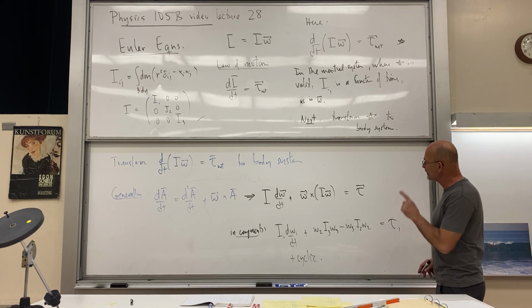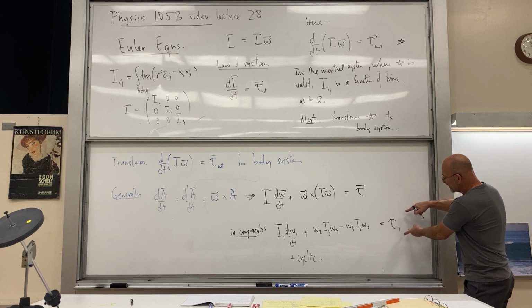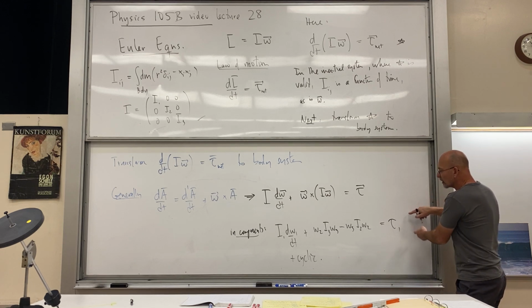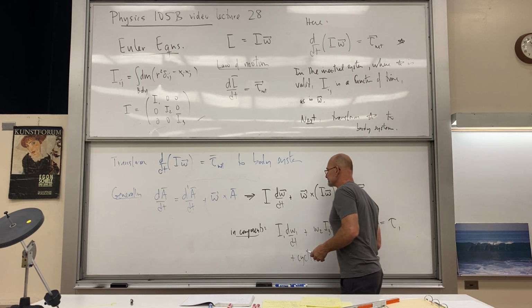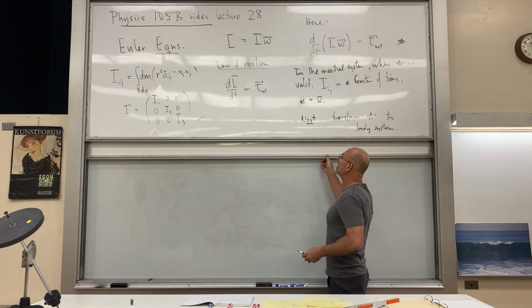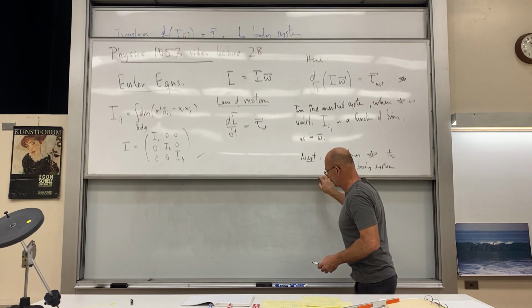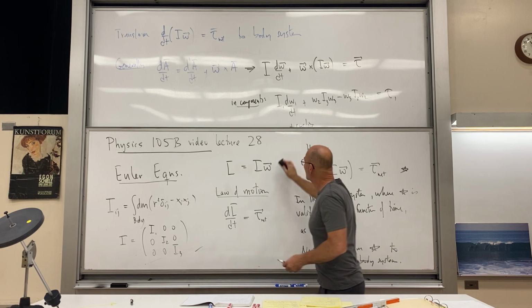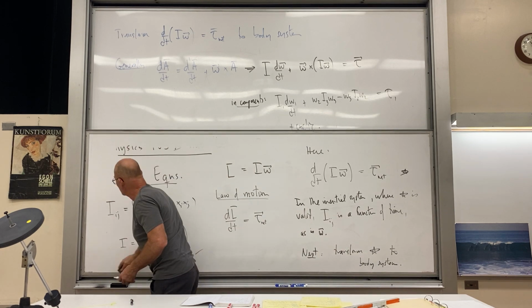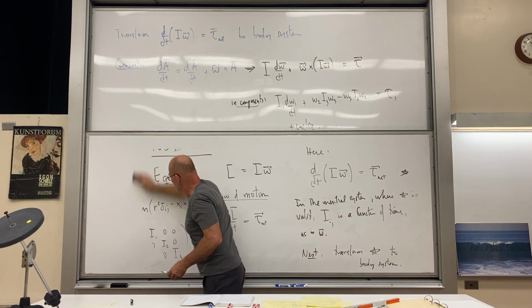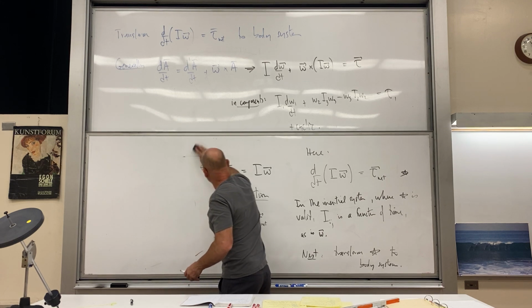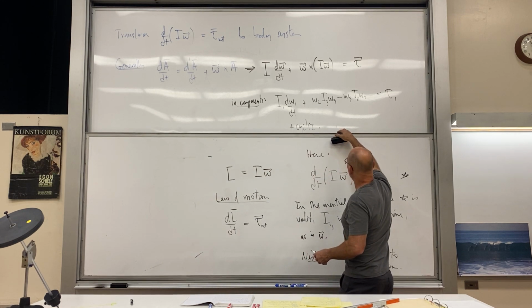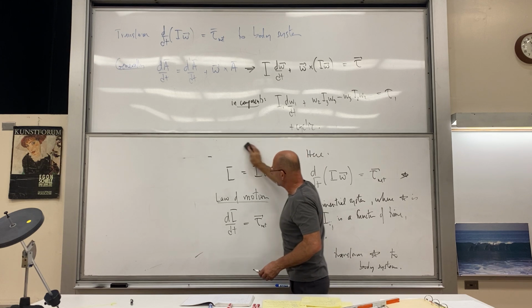When we do the force-free, the torque-free one, we let the net external torque be 0. So yeah, you just cycle through 1, 2, and 3 in the same way, and you have all three of those equations.